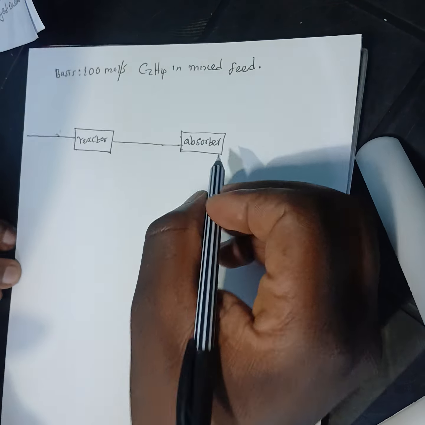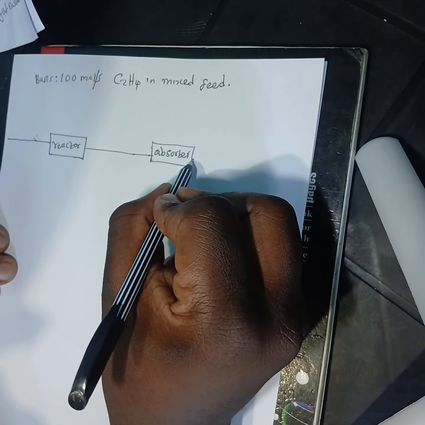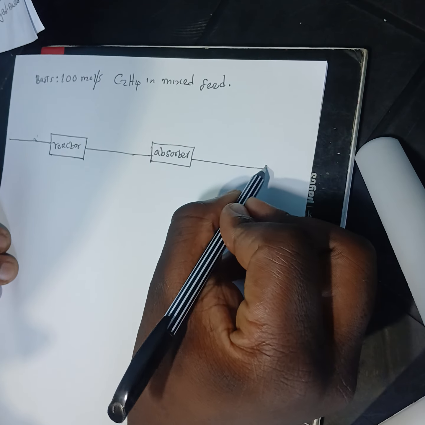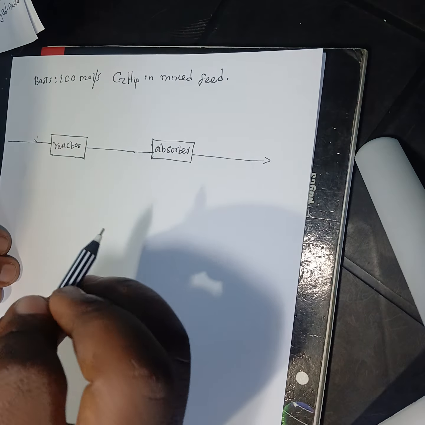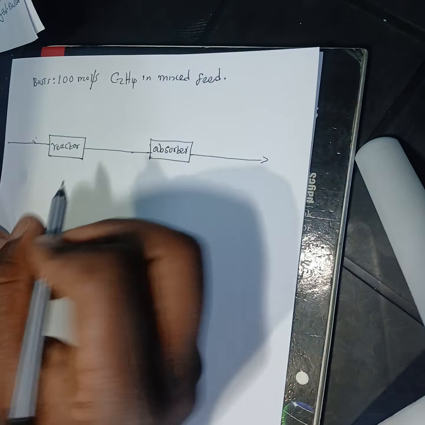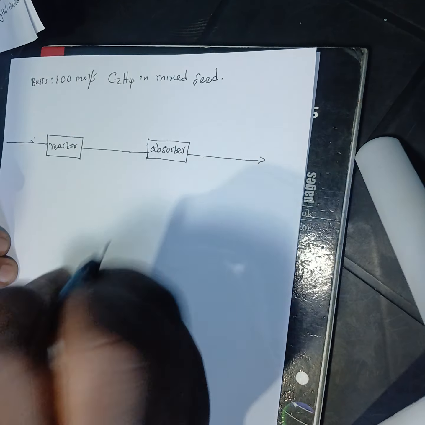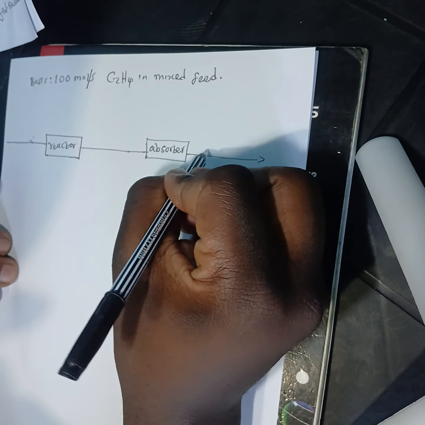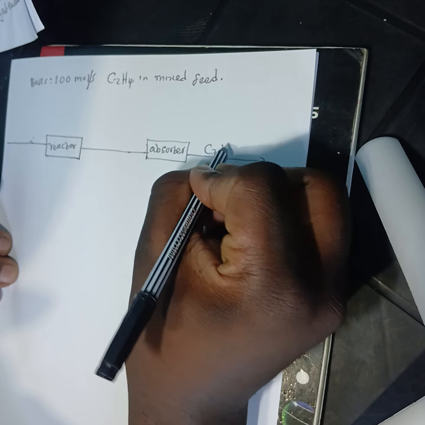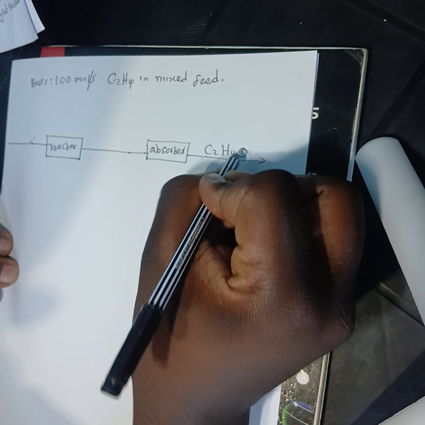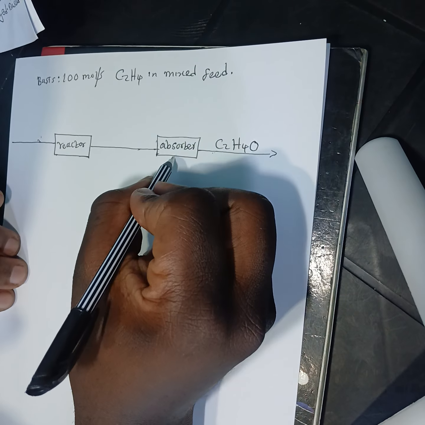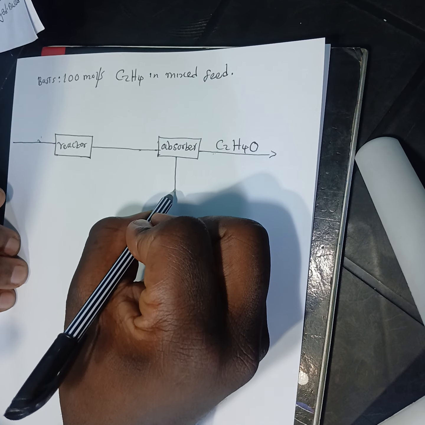Now from this absorber, we are being told there are two streams coming out of the absorber, where this stream contains only the product. And then from the absorber, we also have this stream.